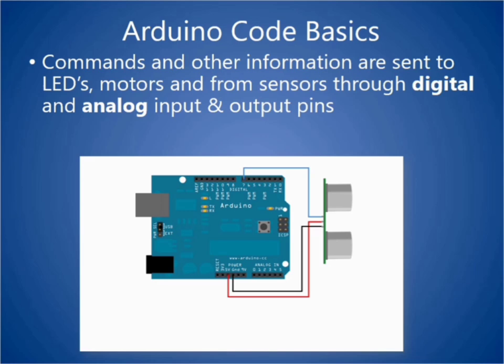Here you can see there is a sensor connected to Arduino. This is an ultrasonic sensor, and what we do is we give the instruction to the microcontroller on how the input and output of this device is to be analyzed or how it should be managed.